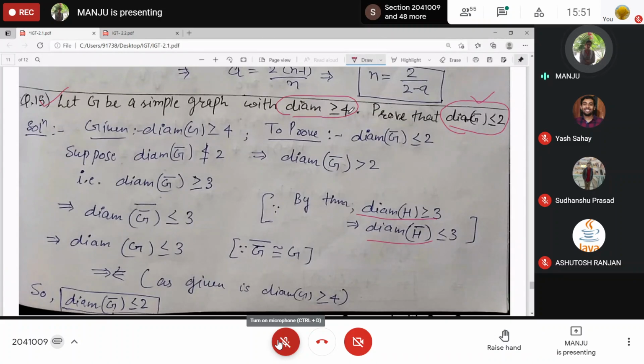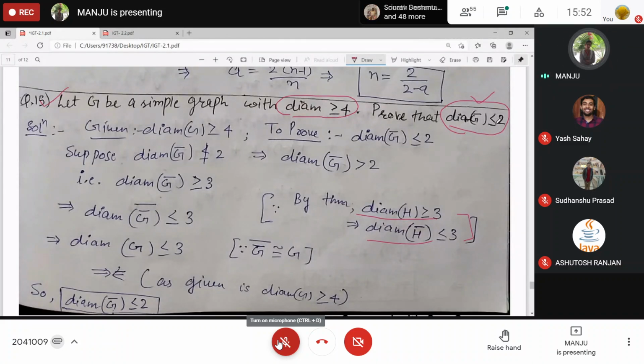So we need to show that if the diameter is greater than or equal to 4, then its complement will have diameter at least 2. Suppose not. I'm just trying to prove by contradiction.